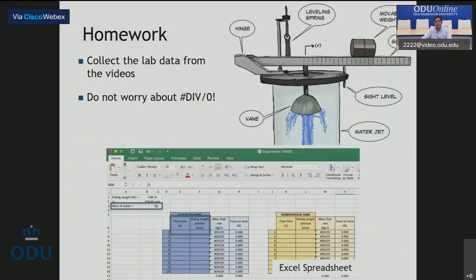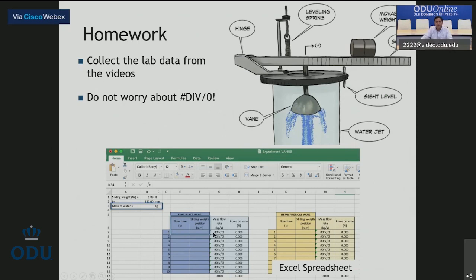This is a cartoon of the experiment, so go into the material to see how it looks. This is how your spreadsheet looks. Please do not pay attention to the number sign, divide by 0. This is because the data is empty.